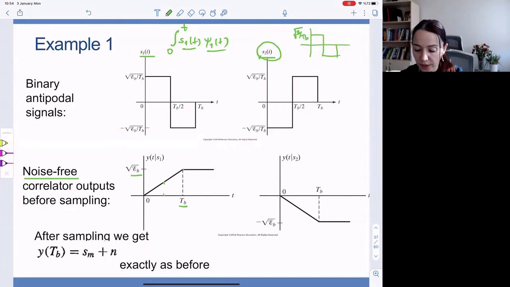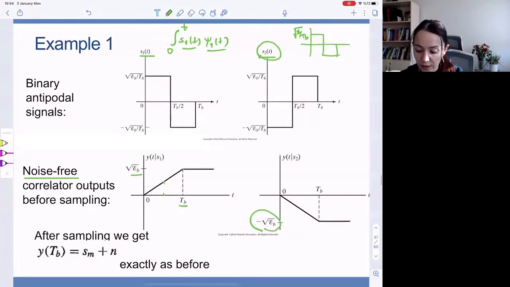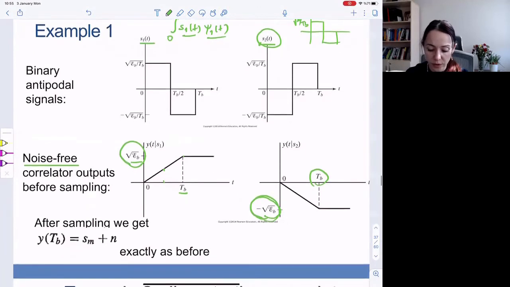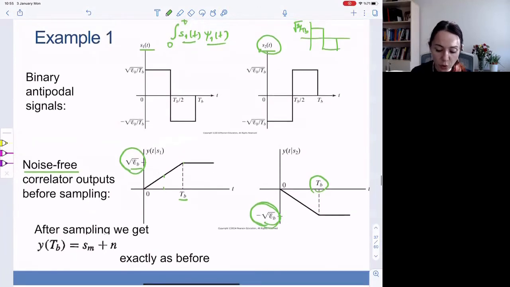And when we integrate, the integral is going to make a negative peak at the value TB. So when we sample at TB, ideally, we're going to get either square root of EB or negative square root of EB under no noise. Of course, when there is noise, we will get square root of EB or negative square root of EB plus noise.